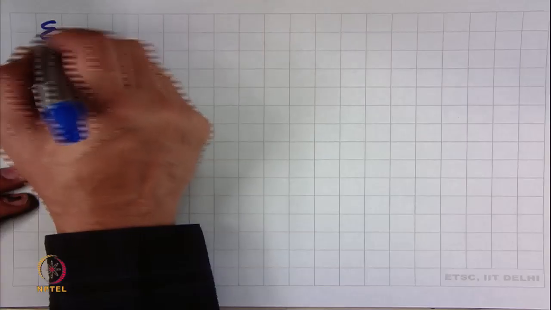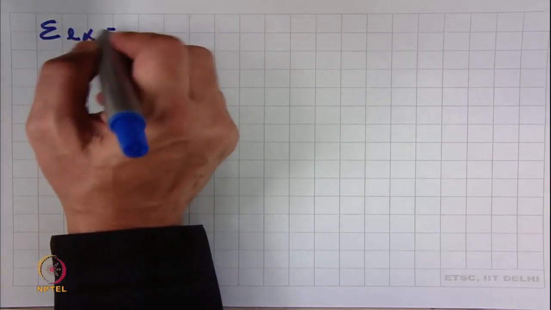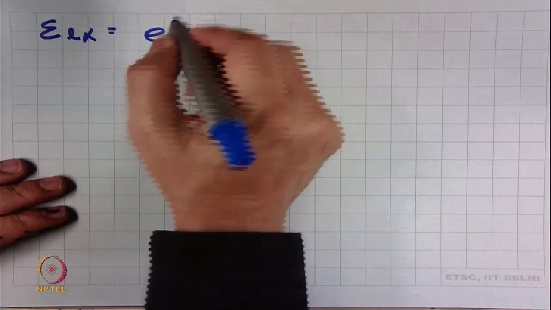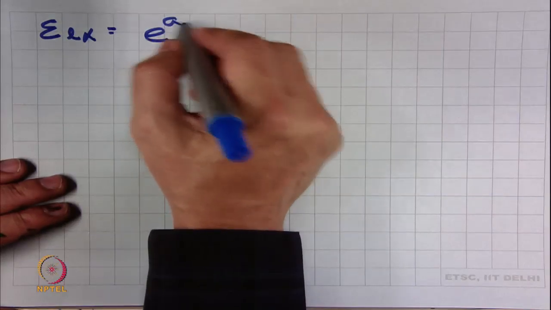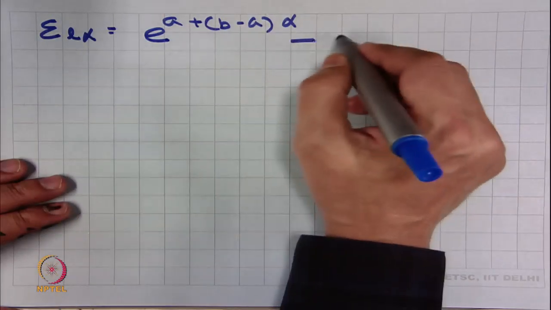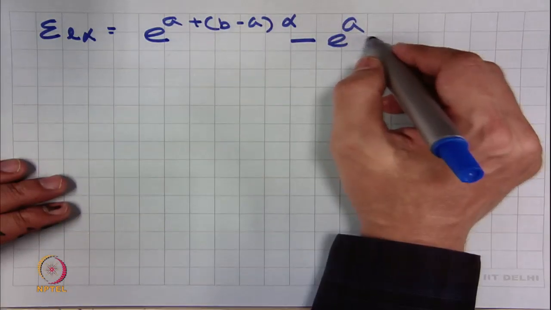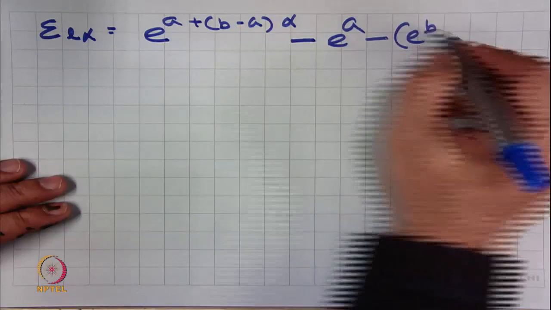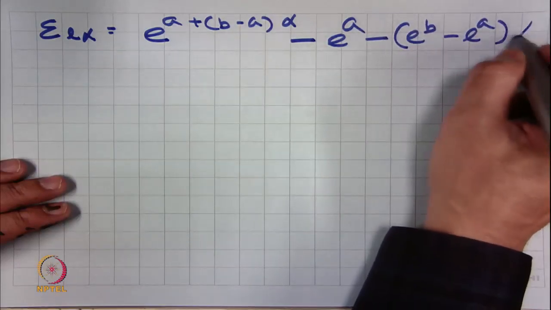So, epsilon L alpha is equal to e to the power a plus b minus a alpha minus e to the power a minus e to the power b minus e to the power a alpha.